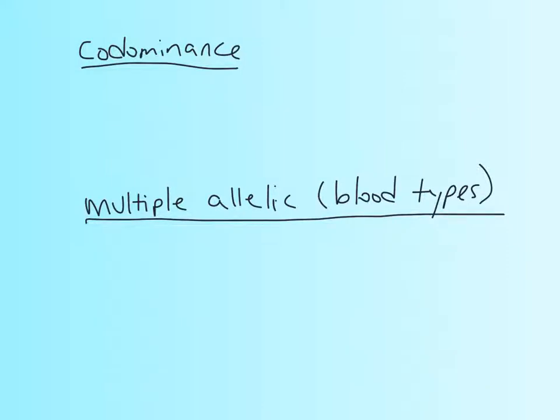All right, then something that was kind of similar to incomplete dominance was codominance. So this is where, let's say, R equals red, W equals white. Now we got a purebred red cow, and we're going to cross that with a purebred white cow.